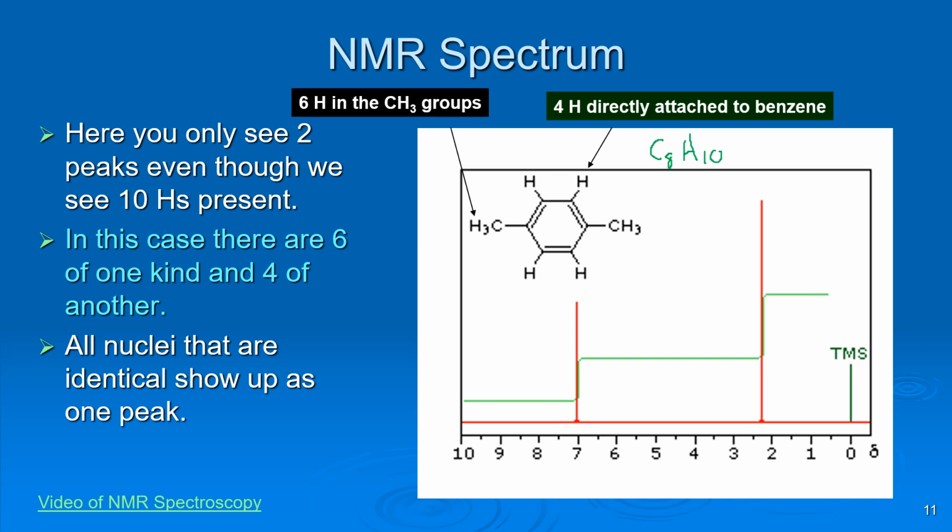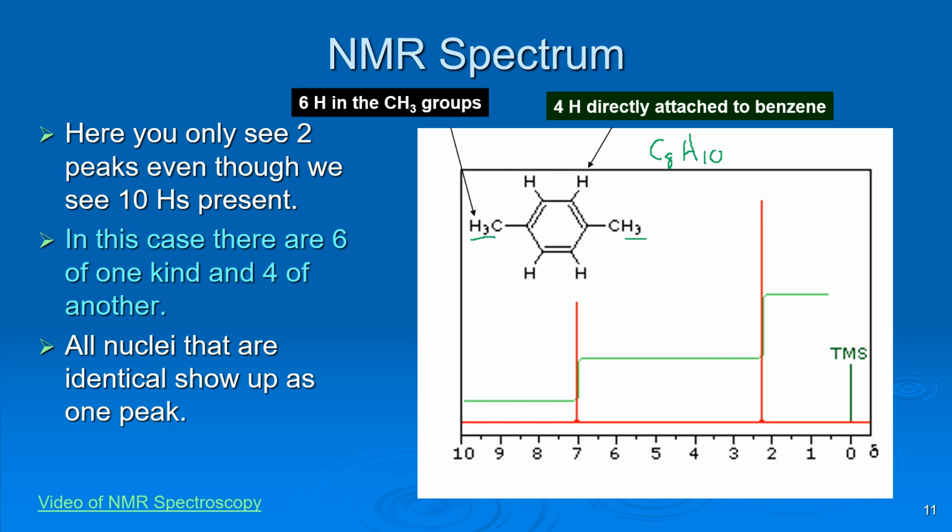You can see from symmetry that these 3 over here are identical to each other, so they all do their spin flip at the same point. They are all here under this peak right here. I'll talk about how you know which one is which in a little while.